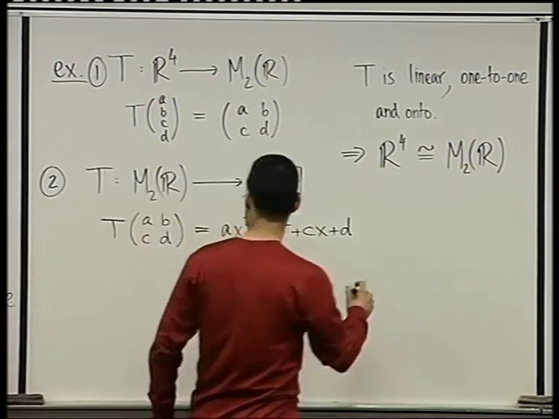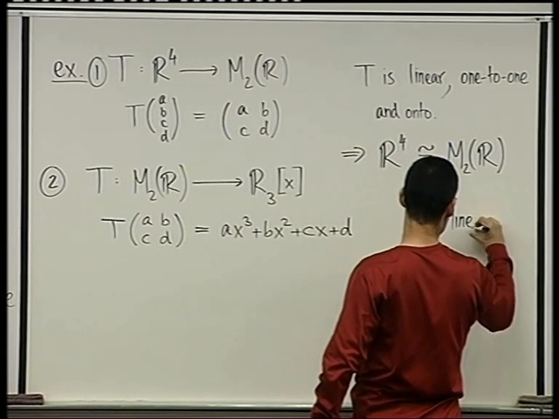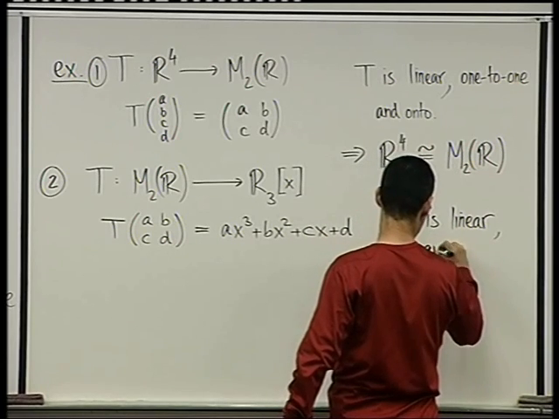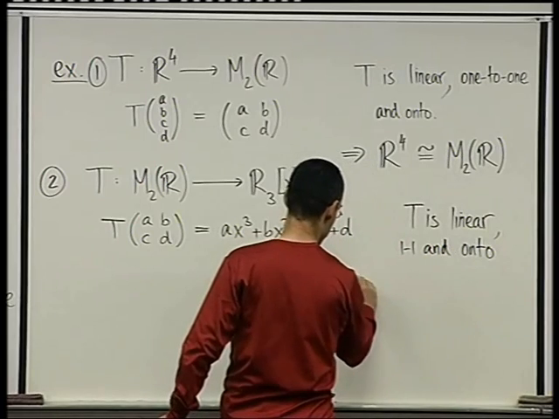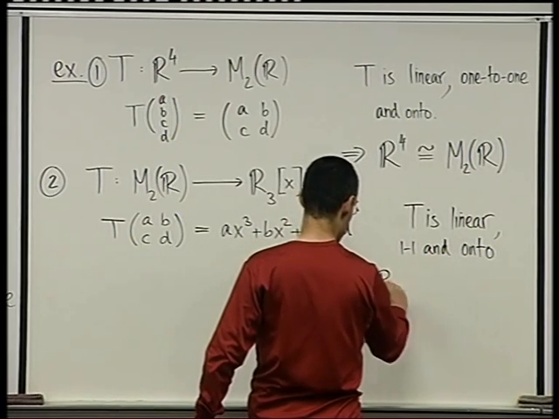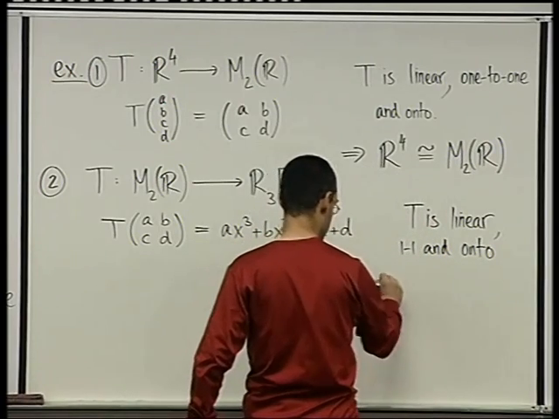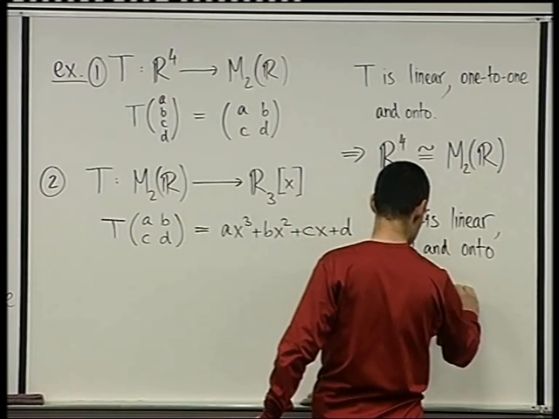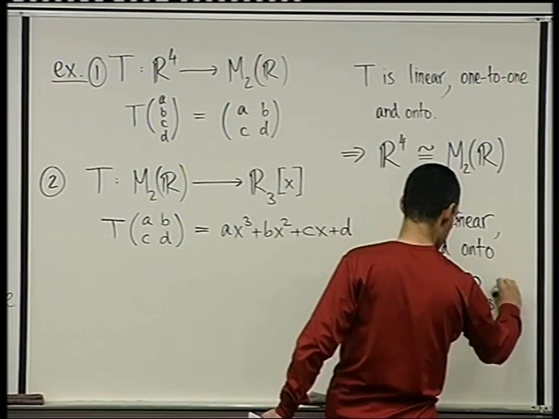So again, T is linear, one-to-one and onto. And hence, M2 of R is isomorphic to R3[x].